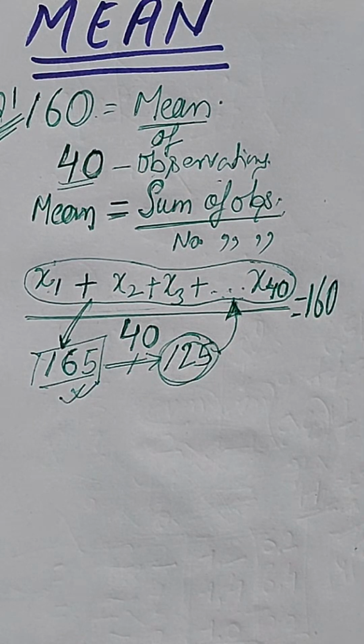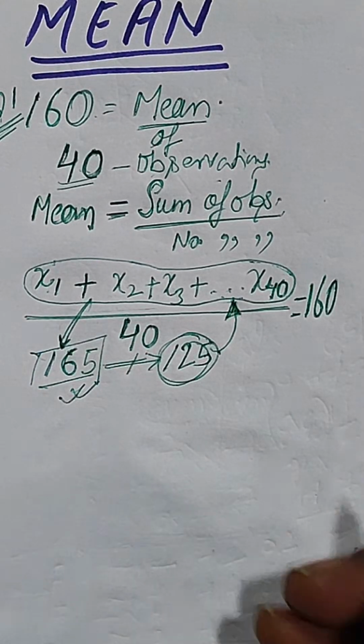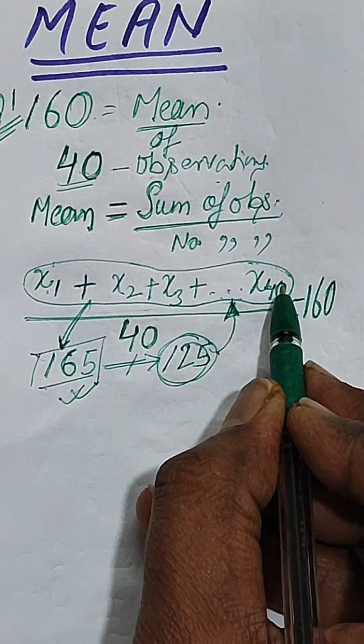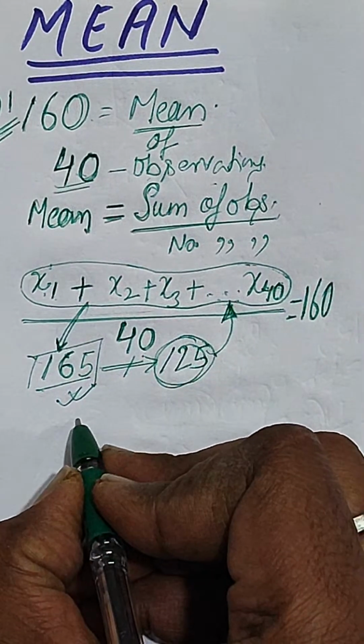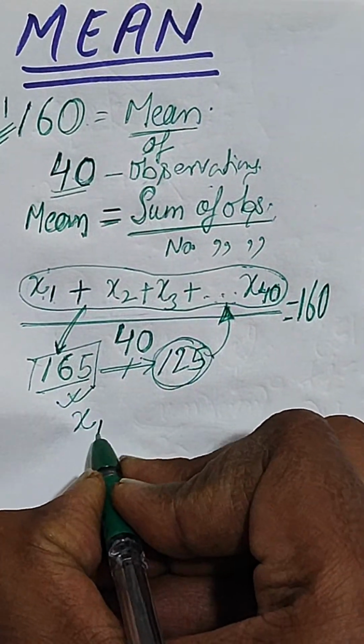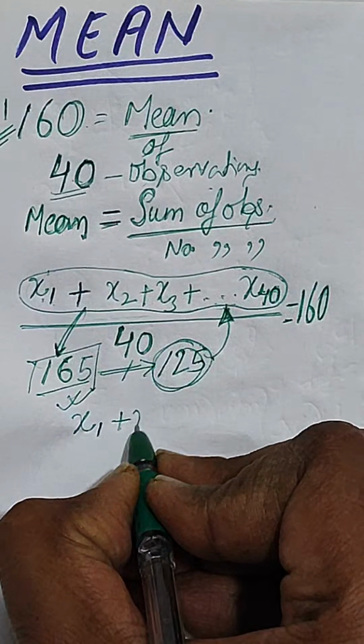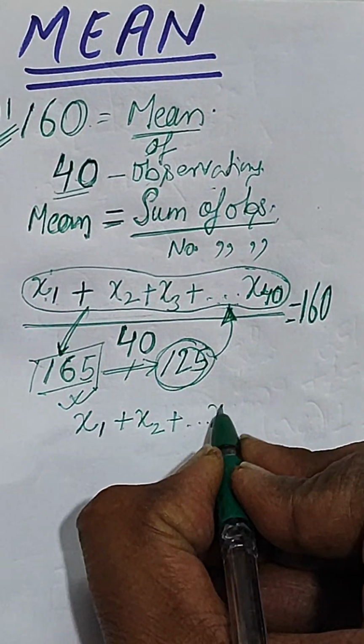So how do we find the correct mean? To find the correct mean, you will see the sum of these observations, that is x1 plus x2 plus dot dot x40.